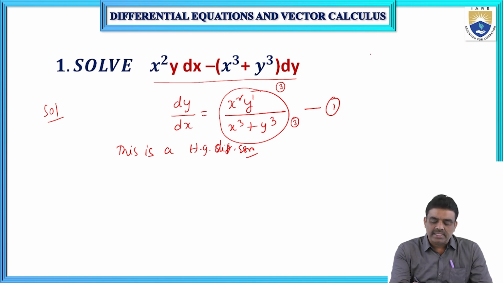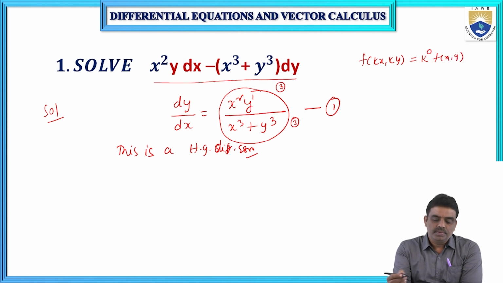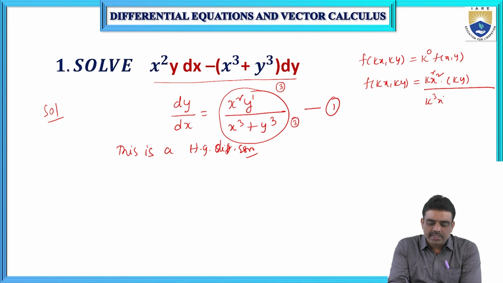Or mathematically you can say that if you consider f of kx, ky, and it equals k power 0 into f of x, y, then it is a homogeneous function of degree 0. Here you can observe that if you write kx for x and ky for y, the expression is k square x square into ky by k cube x cube plus k cube y cube.